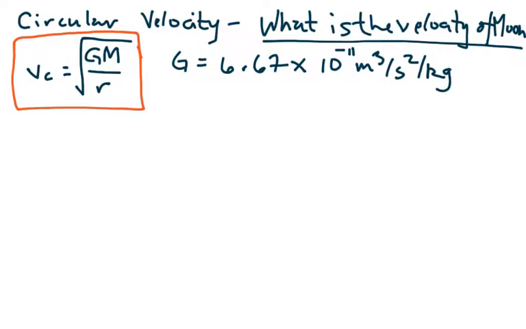Okay, next up is the mass, and it's important to understand which mass this is. Even though we're interested in the velocity of the Moon, it's the object that is being orbited that matters. So this is the mass of the object being orbited.